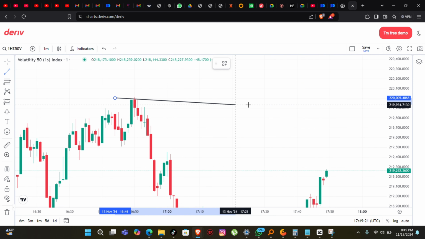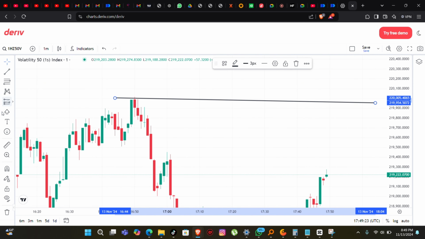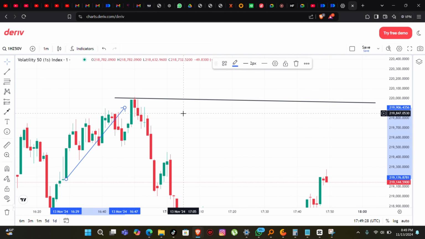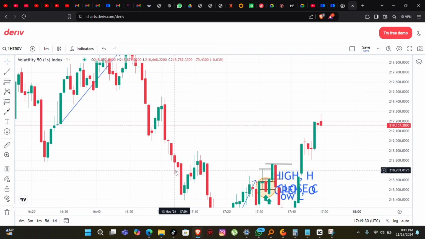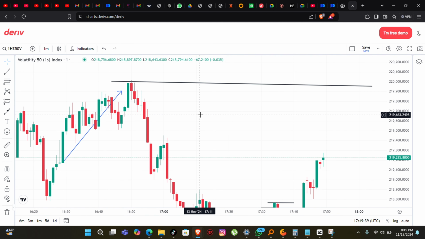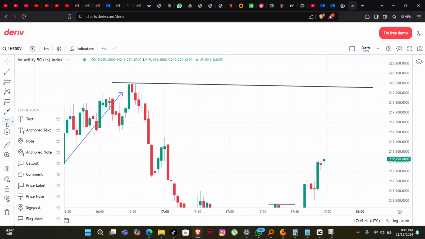So assuming like here venye market ilifika hapa, so hii market ilikuja kufika hapa, it started falling. So you can say that this is a resistance zone because whenever the market gets to that point, it starts falling. So in that case, you can say that is a resistance zone.